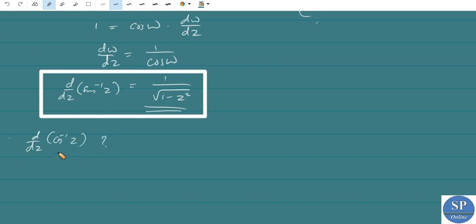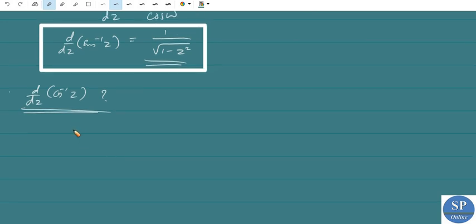To find d by dz of cos inverse of z, we can write let w equal to cos inverse of z, which implies z is equal to cos w.